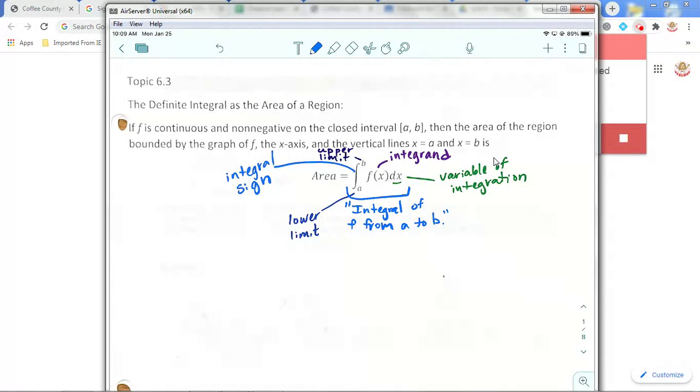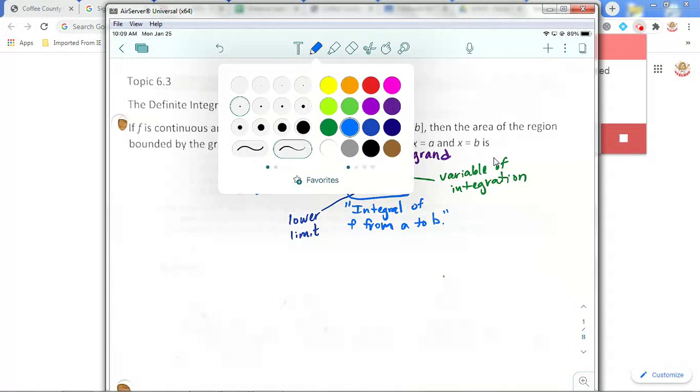All right, and I want to show you what that means graphically.